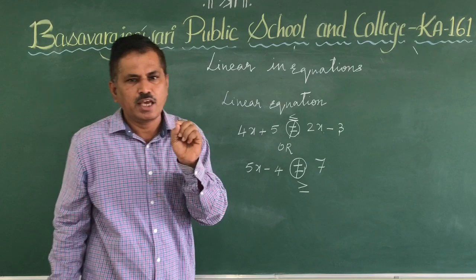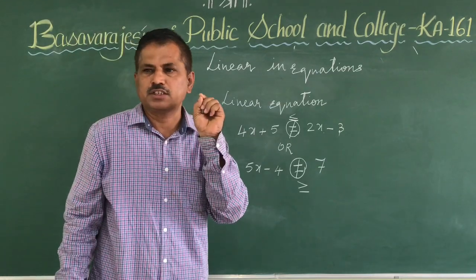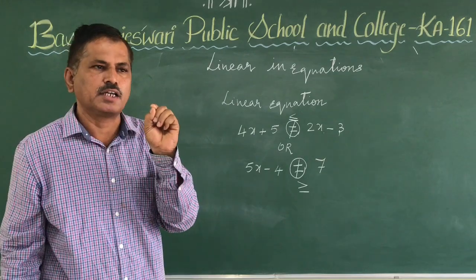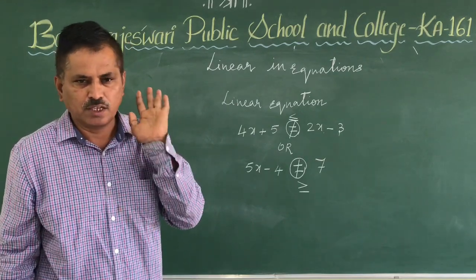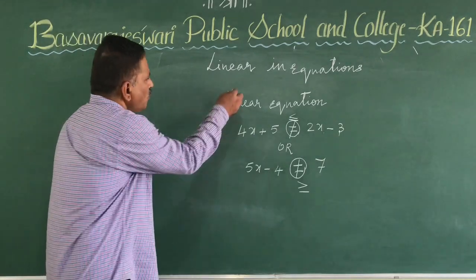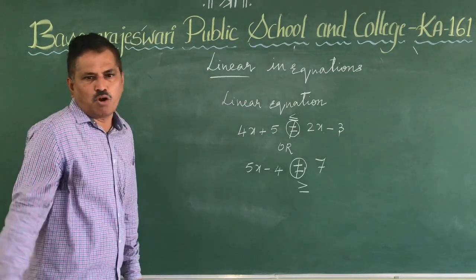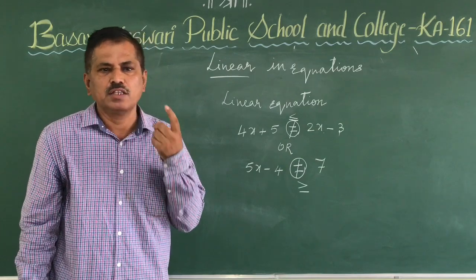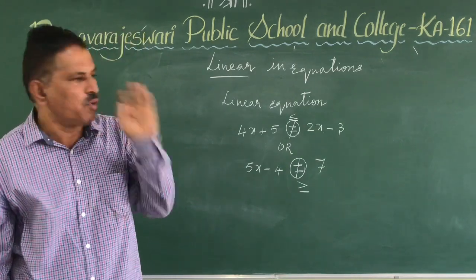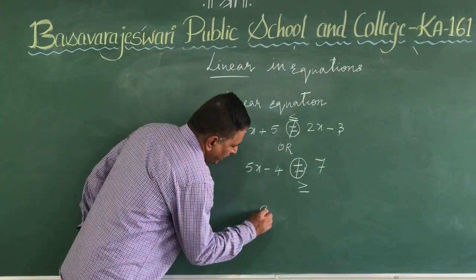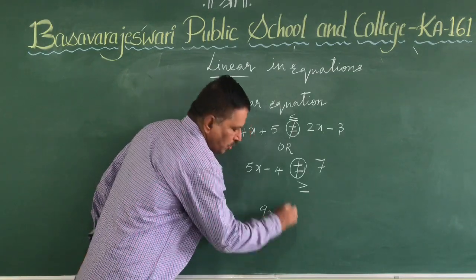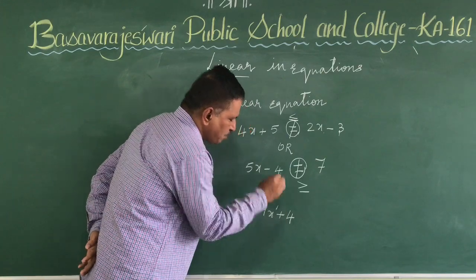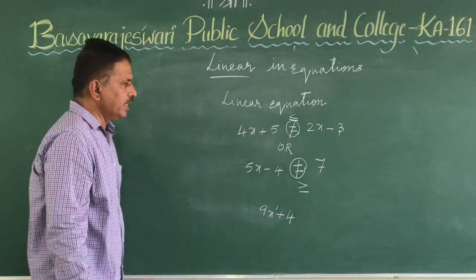Remember, when I say inequation, the symbols lesser than, greater than, lesser than or equal, and greater than or equal should be considered. Now, we know that linear means what? An expression having the variable with highest power 1. For example, 9x plus 4. So this is an expression having the variable of highest power 1, called linear.